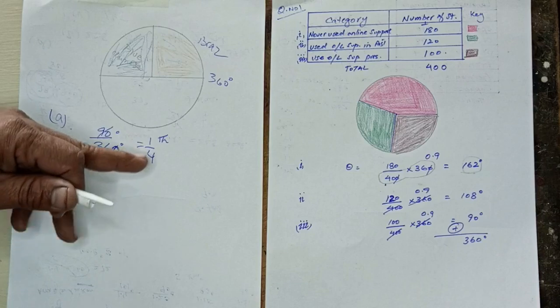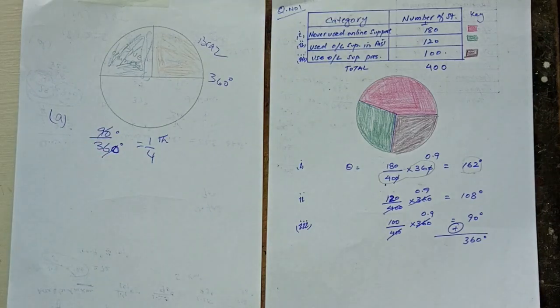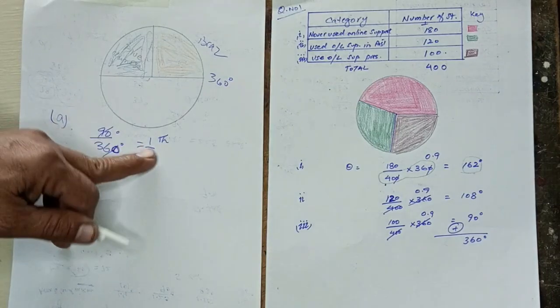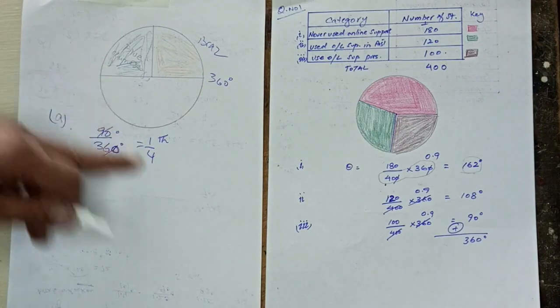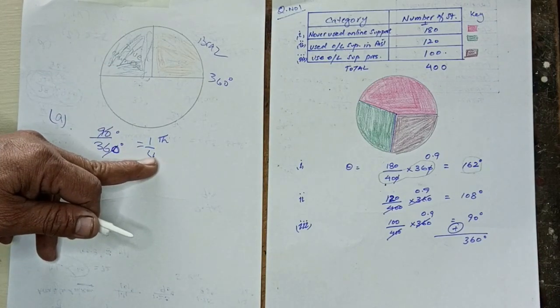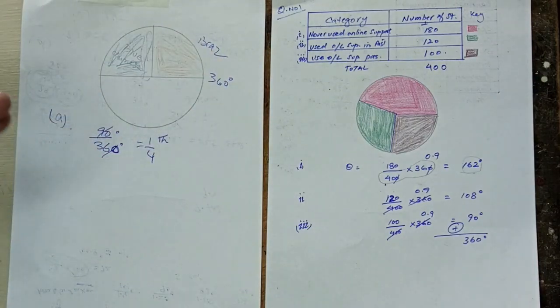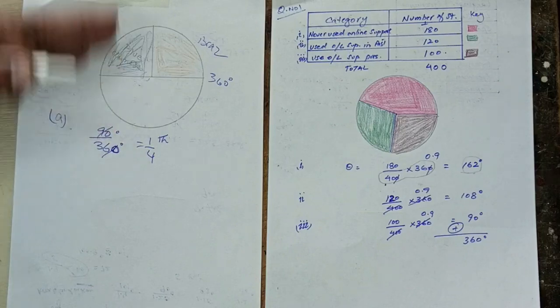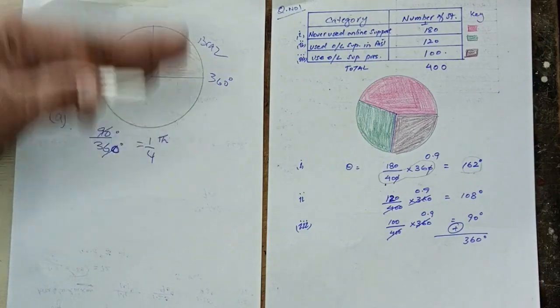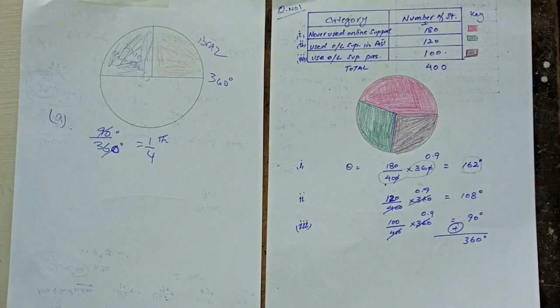This is what is asked: what fraction of students are Chinese? So they are 1 by 4th of the total population, since in this question, at this stage, the total number of students is not given.